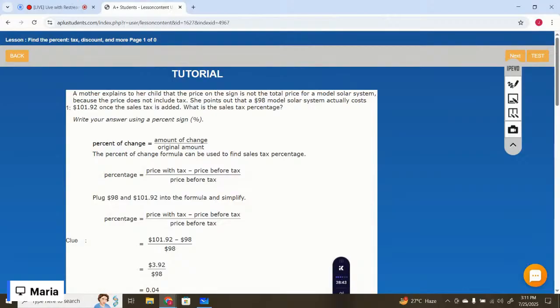A mother explained to her child that the price on the sign is not the total price for a model solar system because the price does not include tax.